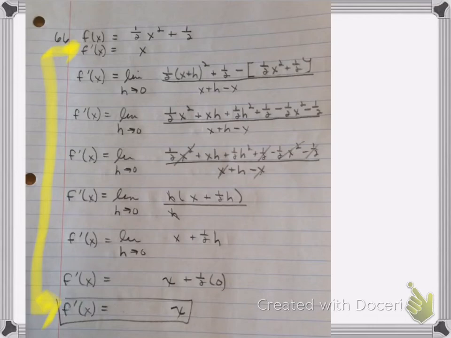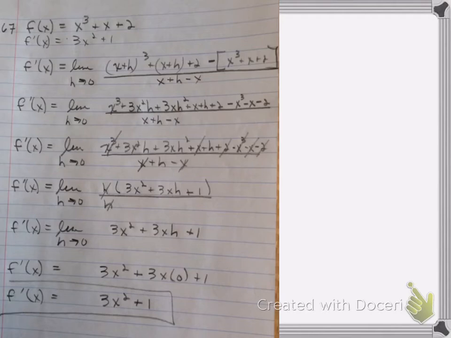Look at this work, see if you can follow it, and then I'll do the next problem on the next page. Okay, here is problem number 67, and we have a cubic in here. So remember, you may want to do this off to the side.